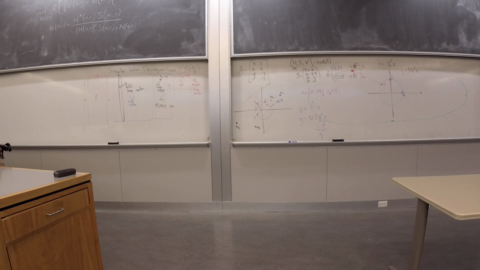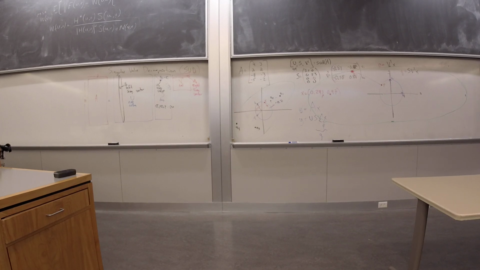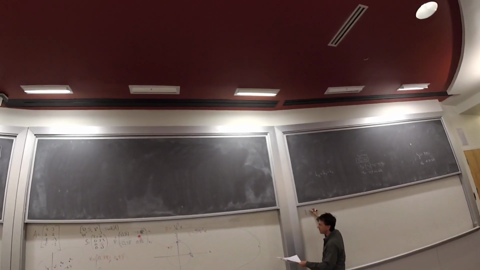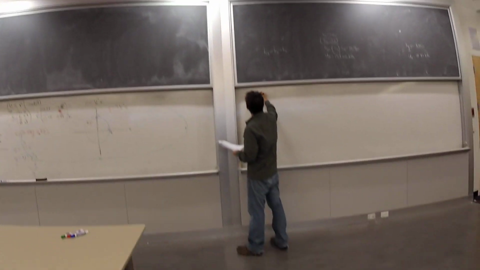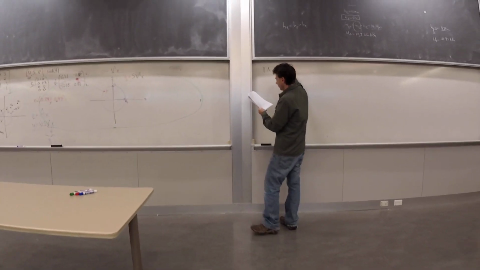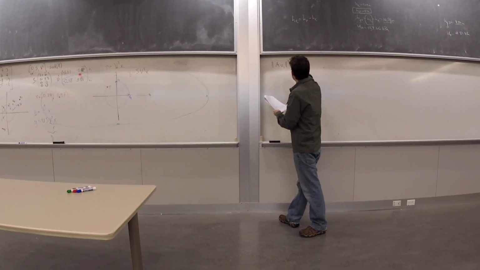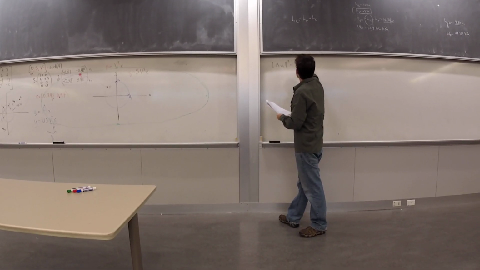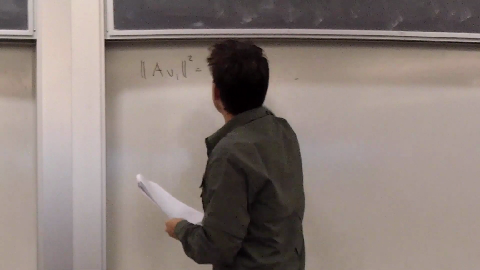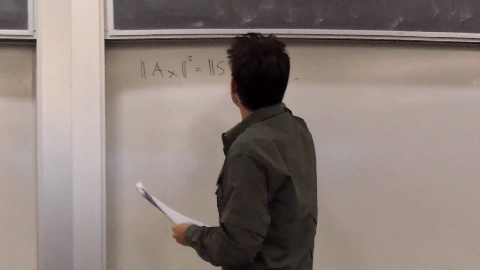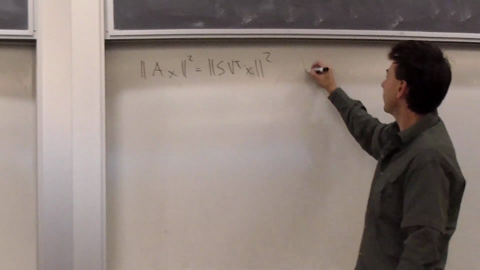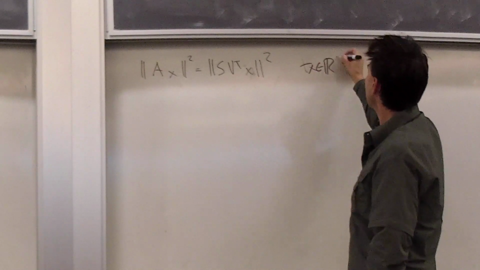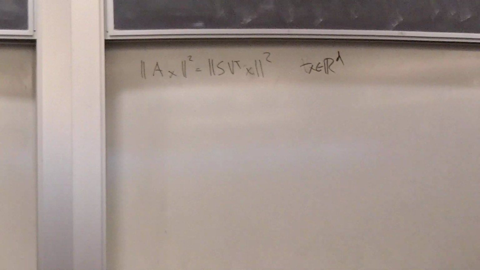Okay, so now I want to write this property in a different way. I want to say that the norm of A times V1 squared is going to be equal to S transpose. So this is true for any x, for all x in R^d, where A is n by d.